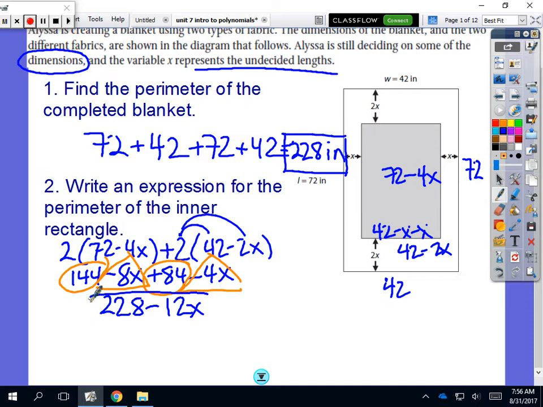So the perimeter of the inner rectangle, we don't know, but we know it's 228 minus 12x inches. She doesn't know what she wants to use for the x. So that's the warm-up for today.